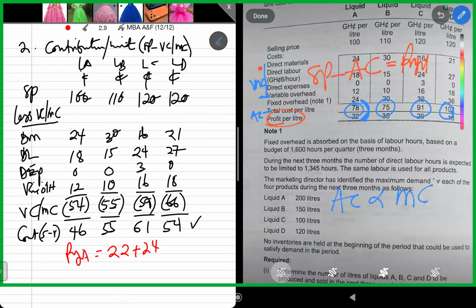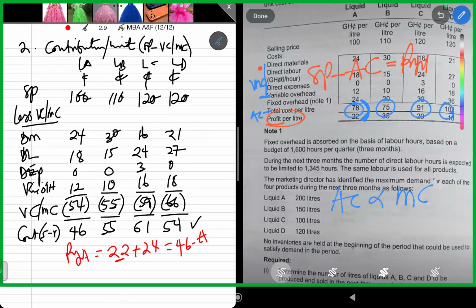We can add back the fixed cost, which was taken out. It must give us a contribution of what? 46 for A. Is that correct? If the profit for A is 22, what is the difference between the marginal cost and the absorption cost? It is the fixed overhead.